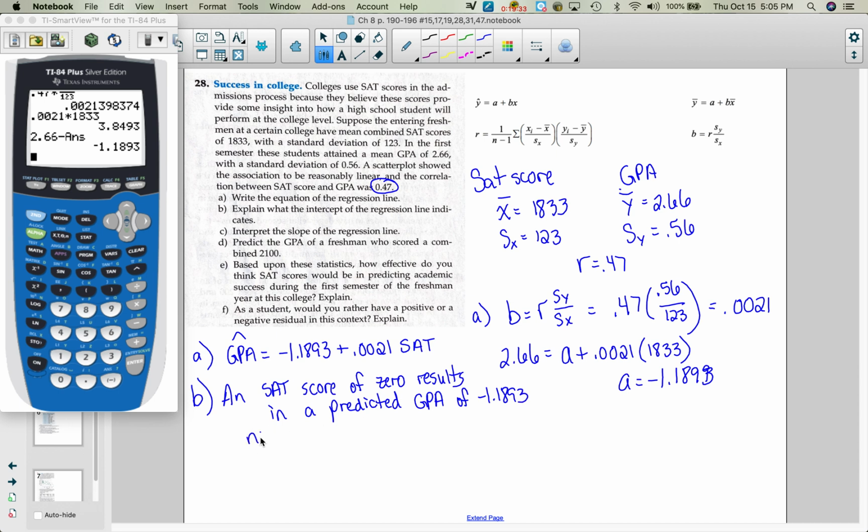Obviously, this is nonsense. You can't have that, but that's what it would represent.